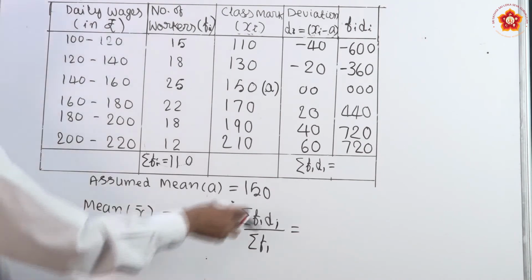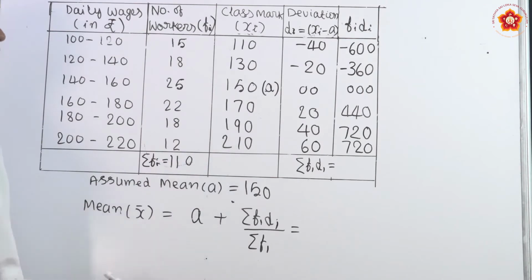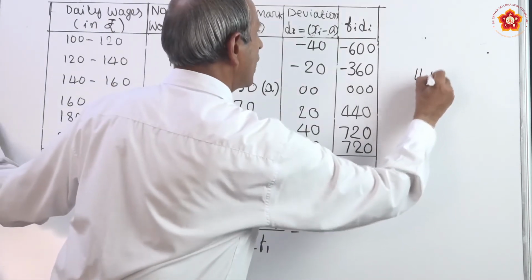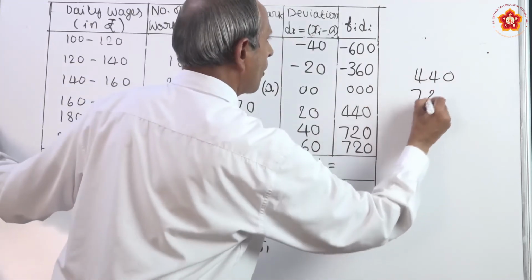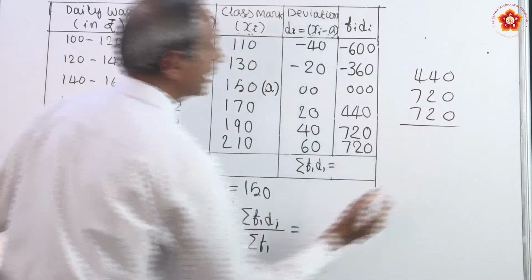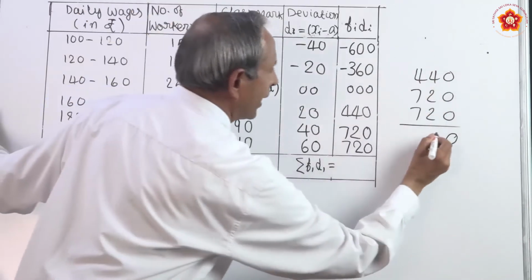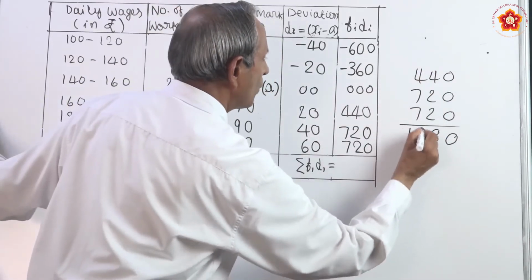Similarly, here there are two kinds of numbers, positive numbers and negative numbers. Let us add all the positive numbers first. The numbers to be added are 440, 720 and another 720. Let us add all these three numbers, you will get 1880.